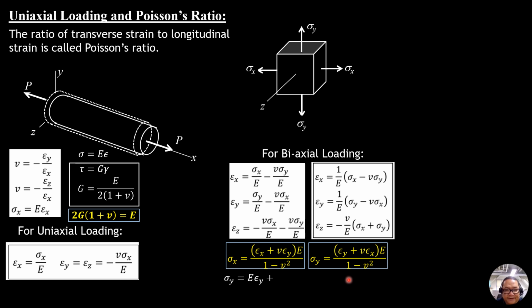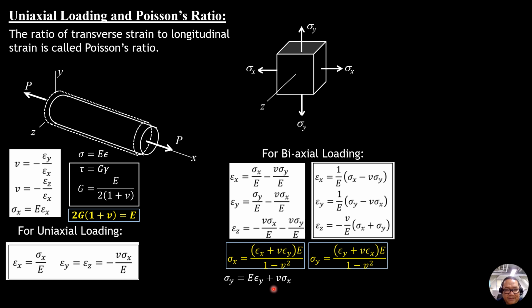And that comes from sigma y equals E times strain y. From here, we multiply this by E, then strain y times E, then transpose this to the left.